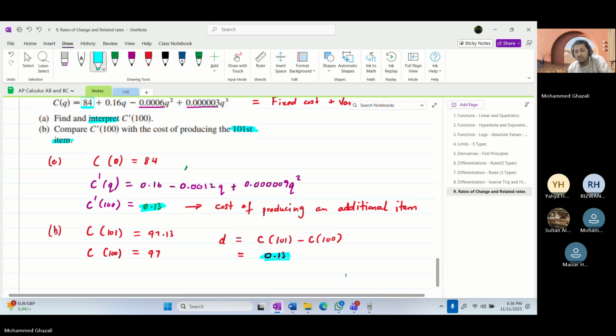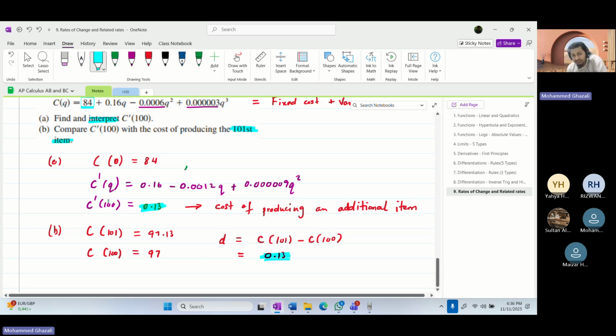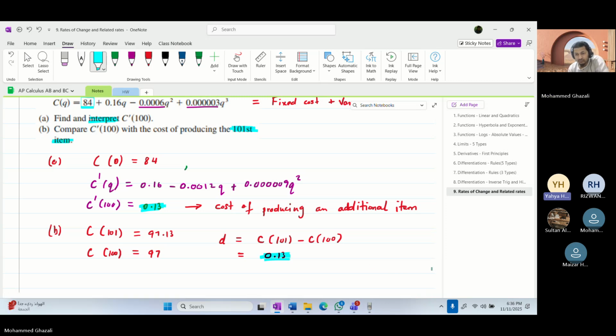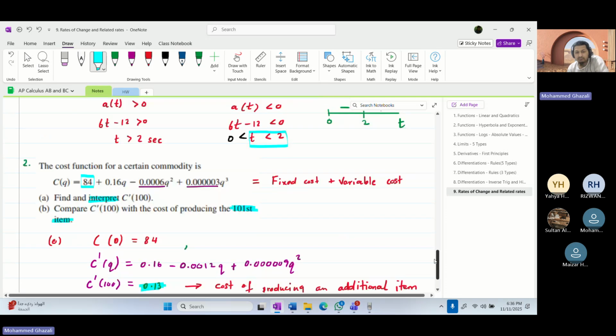So what we did over here is more like the average gradient. And what we did over here was the instantaneous gradient at that instant. In the original function, C of 100 is how much money you'd spend producing 100 items. That's your total.